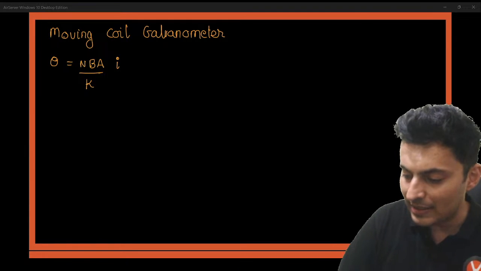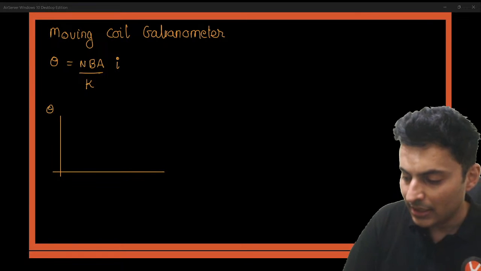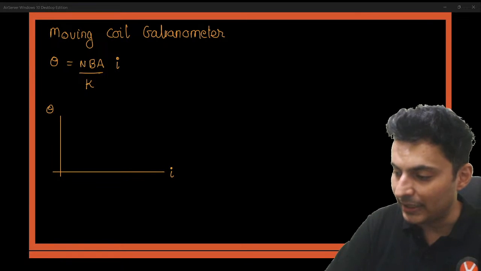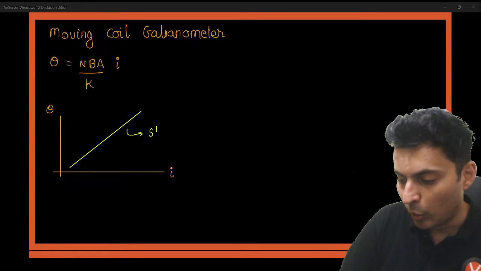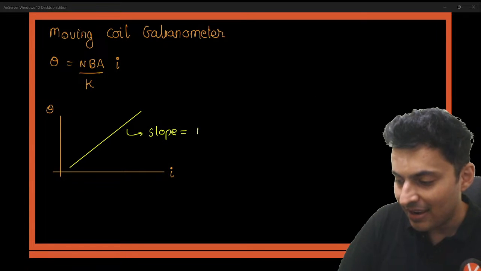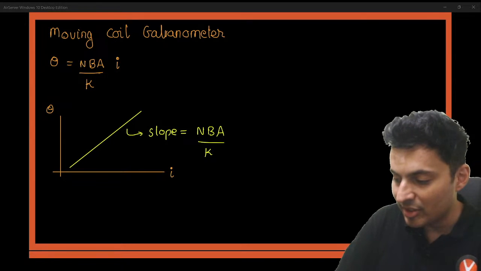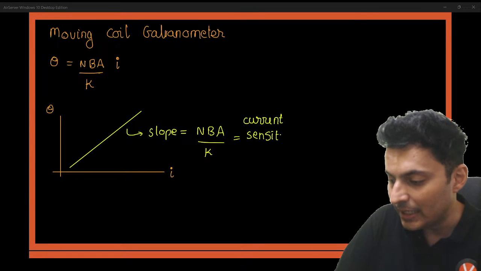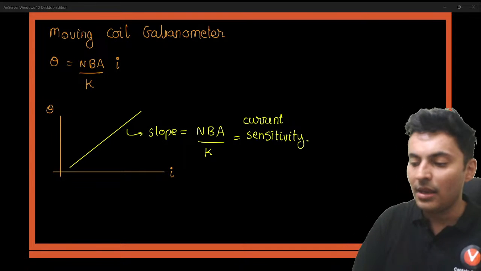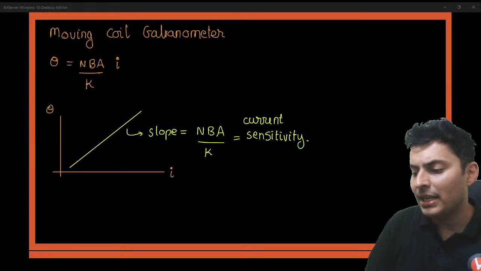You can clearly see my deflection theta is directly proportional to the current, so the graph will be a straight line. In fact, the slope of this graph will be NBA divided by K, and this is called the current sensitivity. How do you remember this NBA by K?